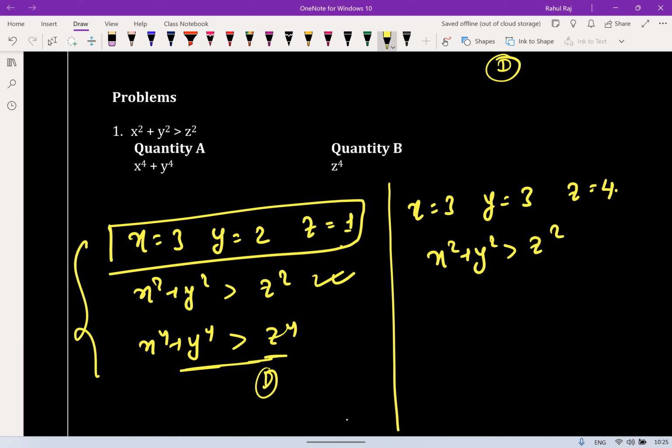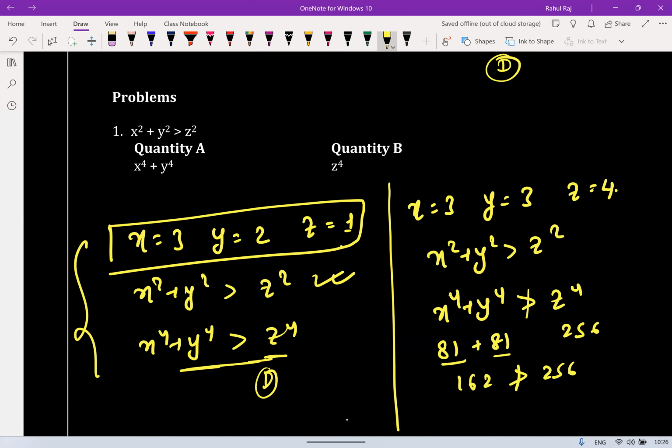But tell me for these numbers, do you feel that x to the power 4 plus y to the power 4 should be greater than z to the power 4? 3 to the power 4 is 81, and 4 to the power 4 is 16 into 16, 256. 81 plus 81 is 162, which is not greater than 256. So in this case z to the power 4 is greater than x to the power 4 plus y to the power 4.